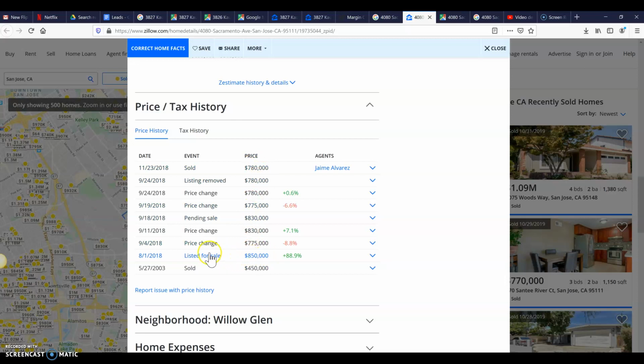Okay, now let's look at the history. Price change, $775, listed for $850. Price change, $830. Now they're trying to go back there again, whatever the case may be. I don't know what happened. Pending sale, $830. They probably negotiated something somewhere around here. Price change, again, I don't know what happened.